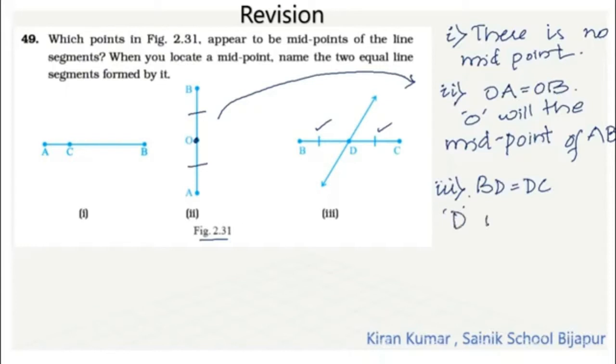So, D is midpoint of BC. The equal parts are BD and DC. They are equal to each other. For the second figure, I have taken O to be the midpoint because it appears like midpoint.